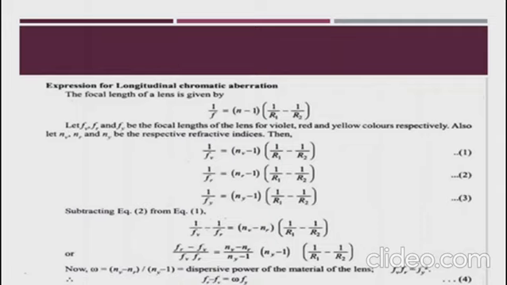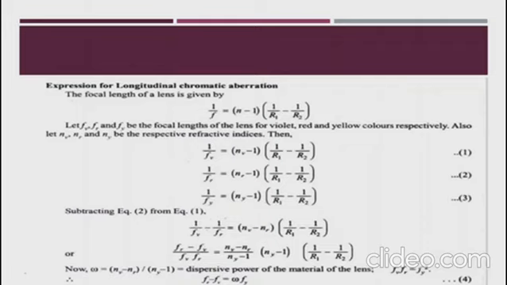So the focal length of red is greater than the focal length of violet. The difference Fr minus Fv, which we can see in the slide, is used to measure the axial chromatic aberration of a lens for a single beam of rays.